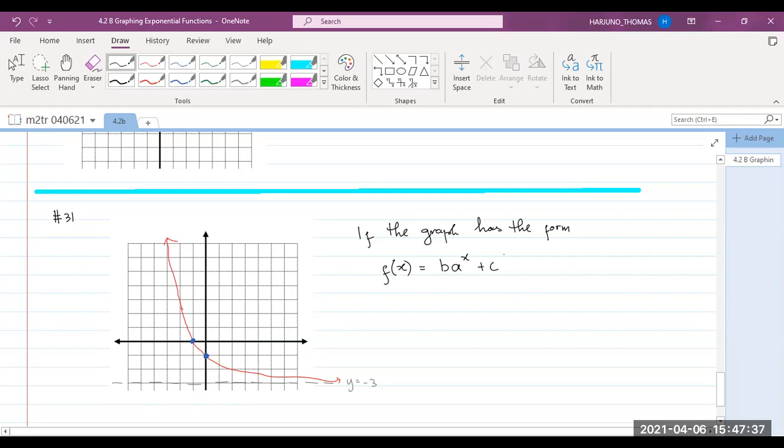Find that function. Now we will start with the horizontal asymptote.